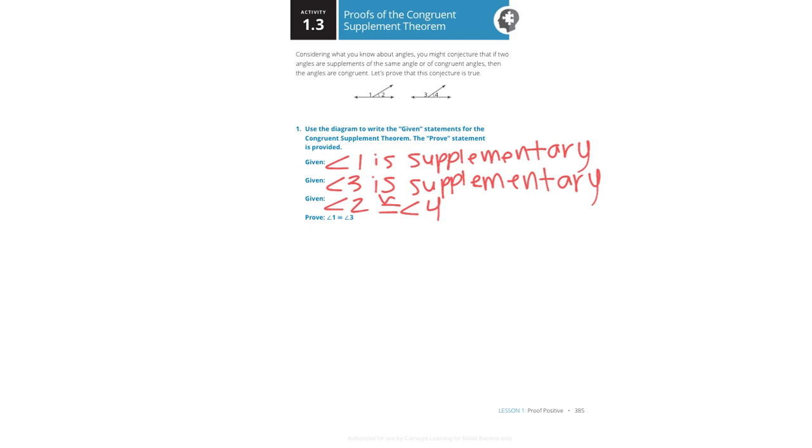Because what does it mean for it to be supplementary? It means that it has to be 180 degrees. So angle 1 and angle 2 together have to be 180 degrees. So if angle 2 is congruent to angle 4, then angle 3 plus angle 4 and angle 1 plus angle 2 must also be 180 degrees. All right.